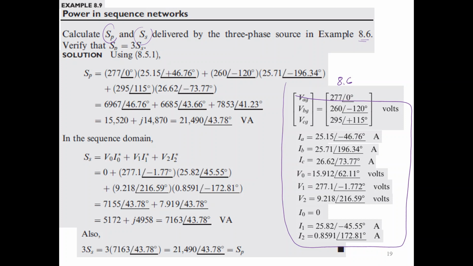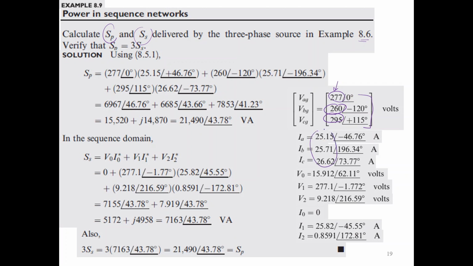So you can see that this is unbalanced, of course, right? VA, VB, VC are unbalanced because of the different magnitude, and the angle separation is not 120. IA is also unbalanced because you have 25.15, 25.71.